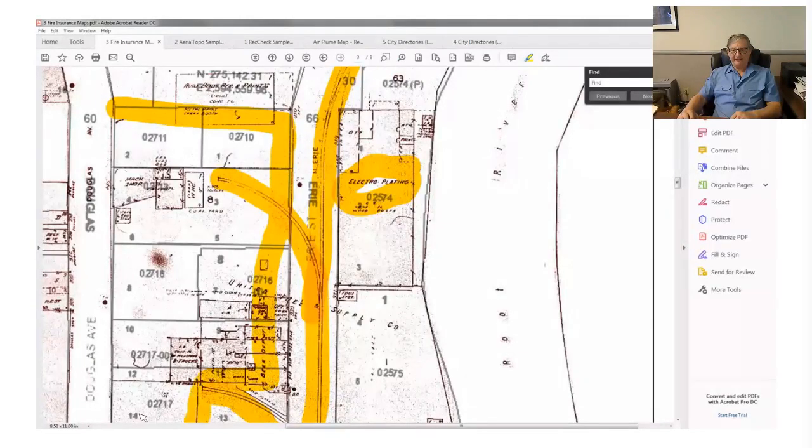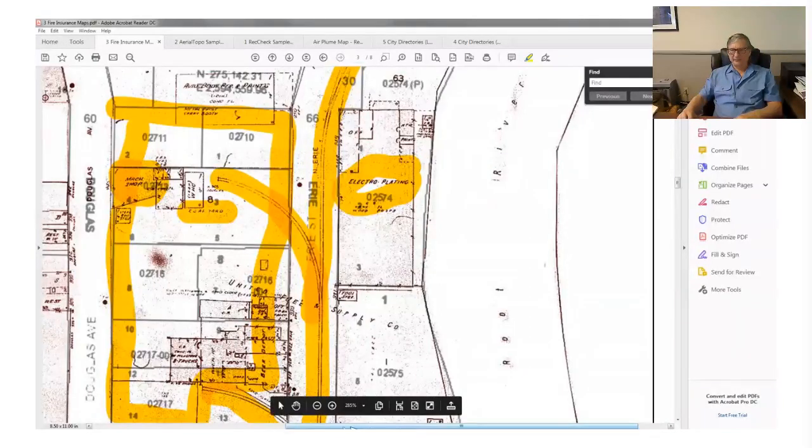If we didn't have that, we might not be able to recognize our site quickly. So first of all, we've got a coal yard here. Hence the railroad line coming in. We have a machine shop here. Big concern for use of volatile organic chemicals, right?